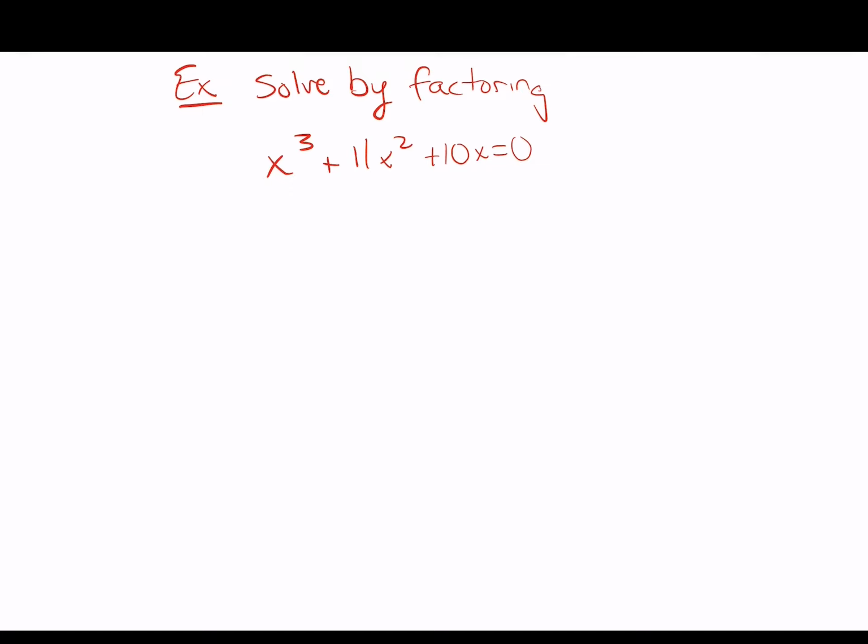Well, remember, when you factor an expression, the first thing you want to try is factoring out a greatest common factor. And it turns out that in this case, we can factor out an x. And that lets us rewrite this as x times x squared plus 11x plus 10 is equal to 0.